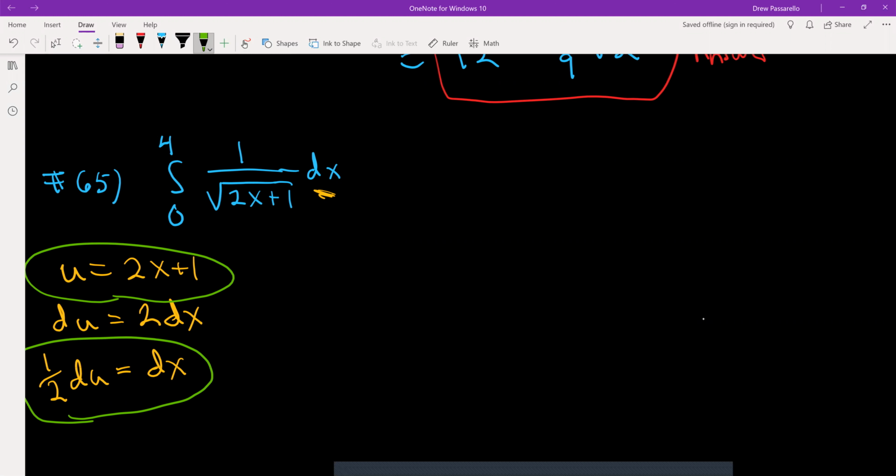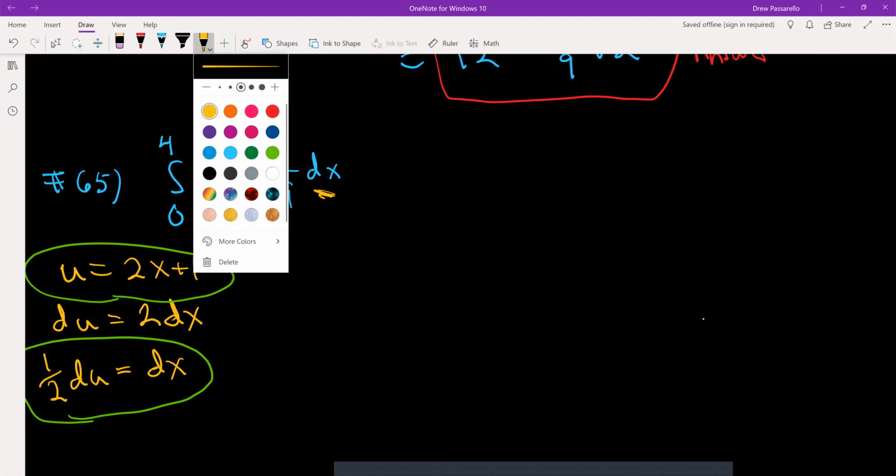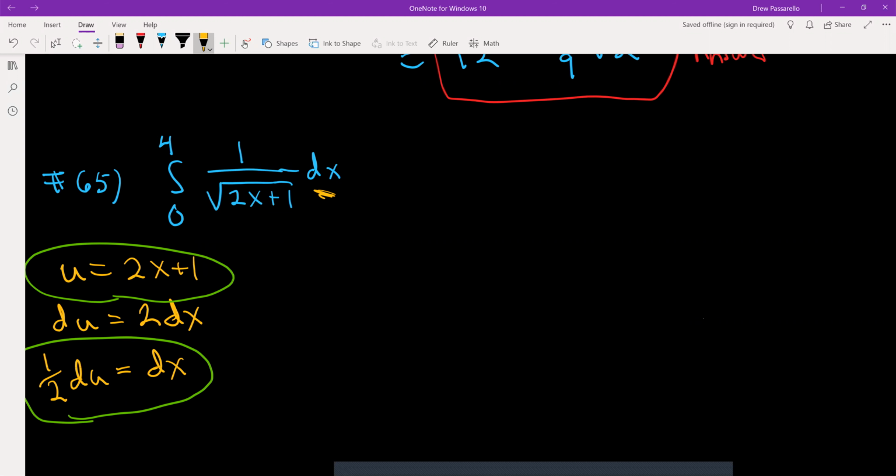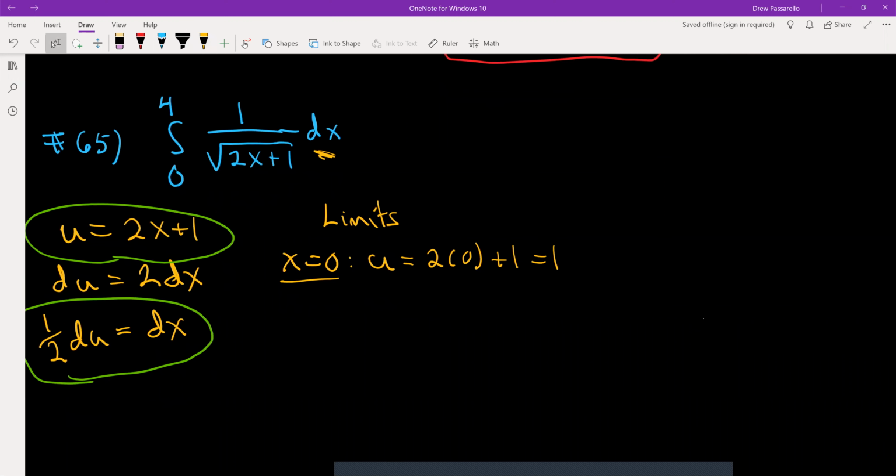So I still need to change my limits of integration. So for the first one is 0. If x is 0, u would be 2 times 0 plus 1. You get 1. And then when x is 4, u is going to be 2 times 4 plus 1.